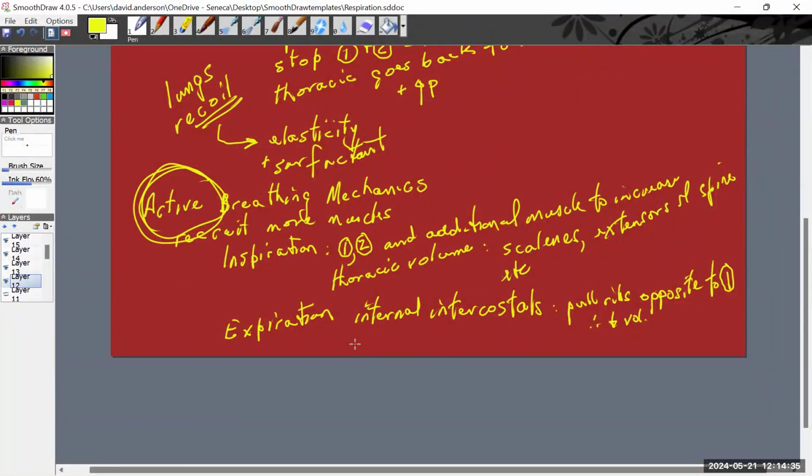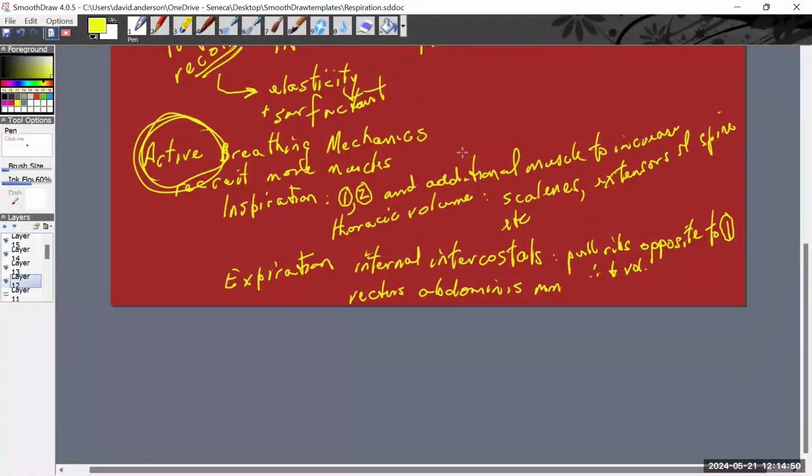And we also recruit the rectus abdominis. Now, remember the rectus abdominis muscle is the muscle that runs from the rib cage down to the pelvis, right over the abdominal cavity area.